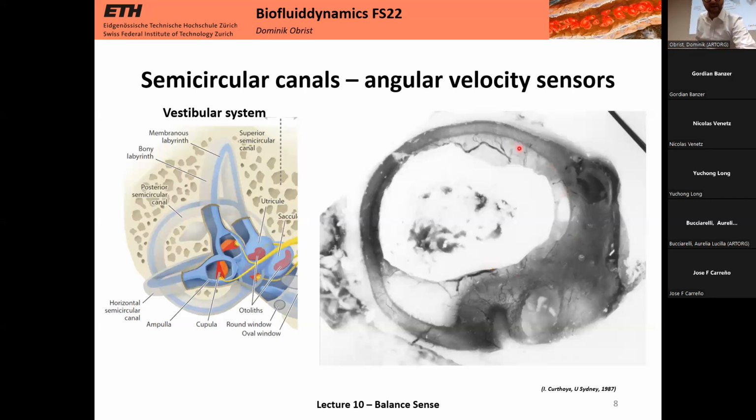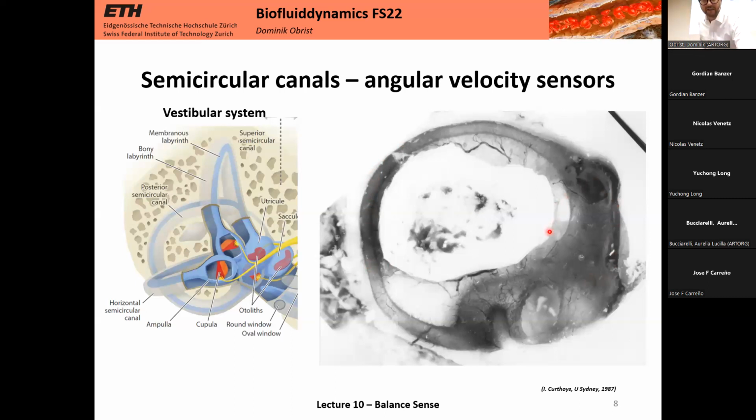So on the right-hand side, you have a slice through an actual, I think even a human, semicircular canal. What you can make out is this outer border, which is the edge of the bony canal. This is all filled with perilymph. And inside here, this more slender, slightly darker duct is the membranous canal, the membranous labyrinth, filled with endolymph.